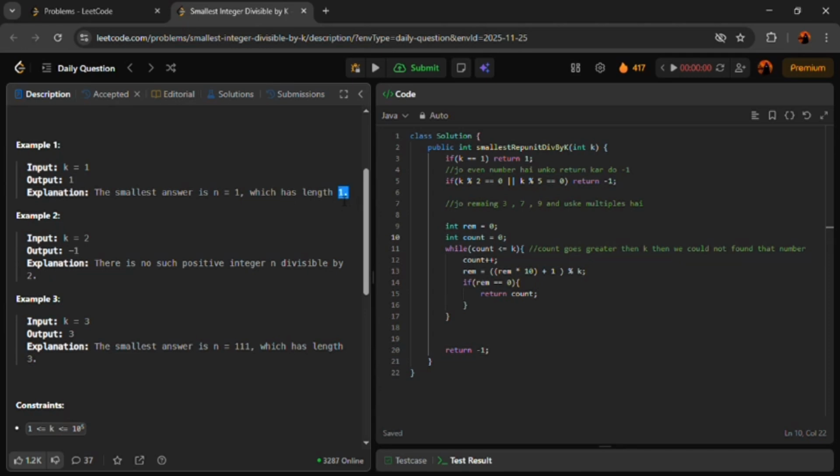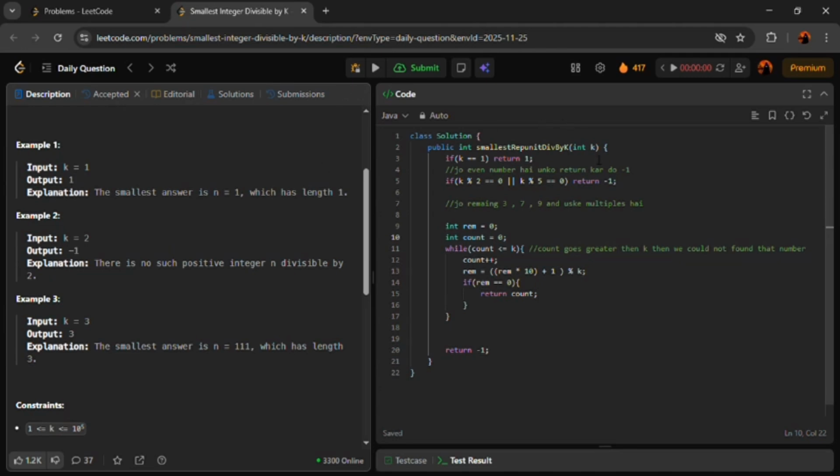For k equals 2, we cannot find any such number which is divisible by 2 or multiples of 2.